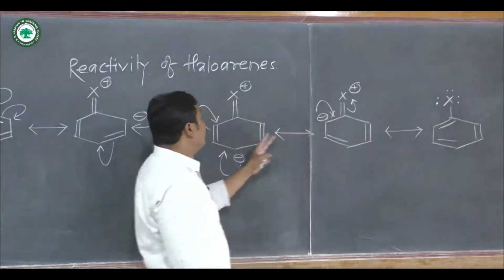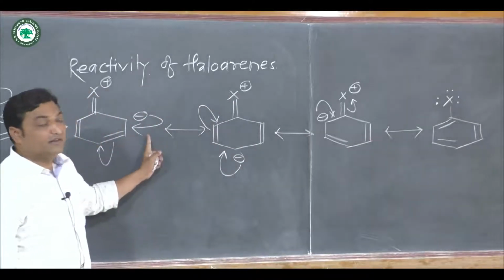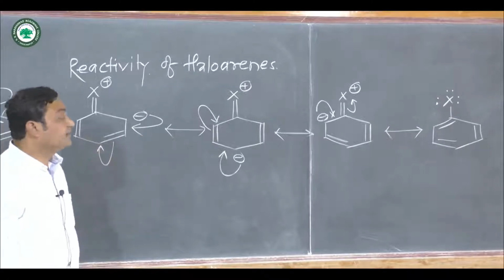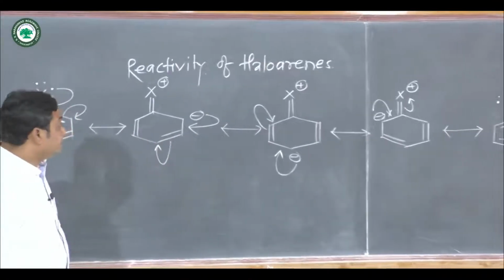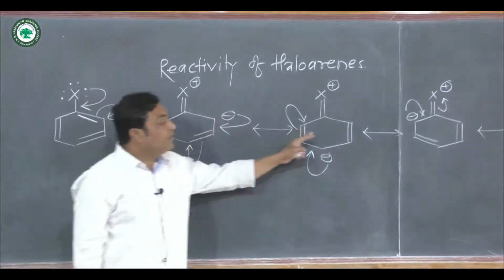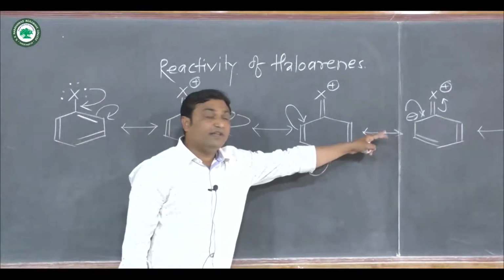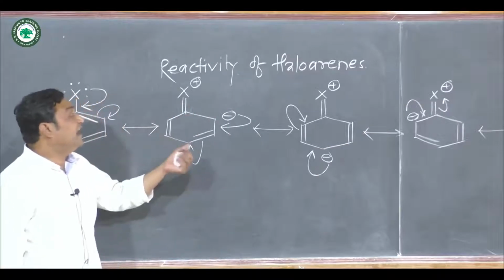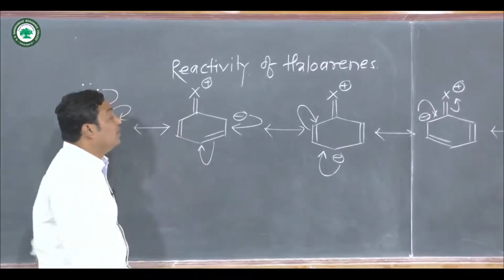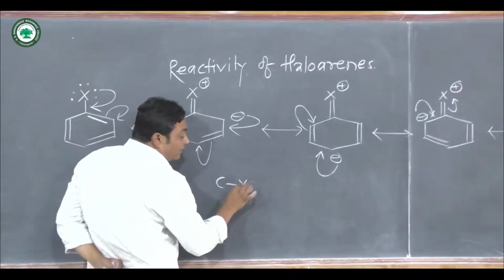On the basis of all these resonating structures, we know that in each and every canonical form, that is, resonating structure, there is a formation of carbon-halogen pi bonds.